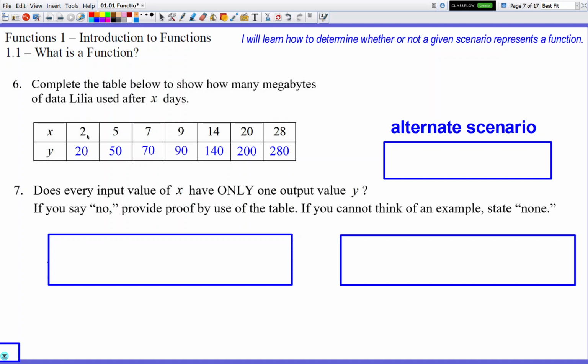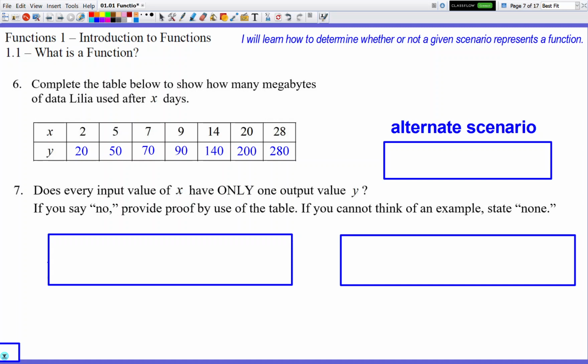And in another scenario, 2 days have passed and she has 25 megabytes used so far. So we have (2, 20) and (2, 25). So that would be an example of no. We don't have one input value x with only one output value y. That scenario would be one input value x with two output values y. So that would make no our answer.